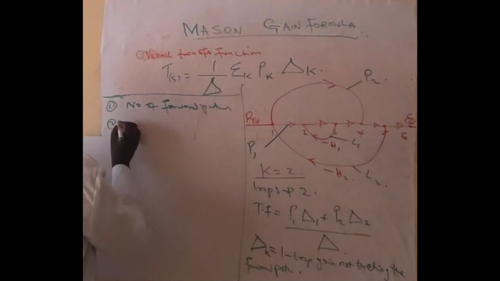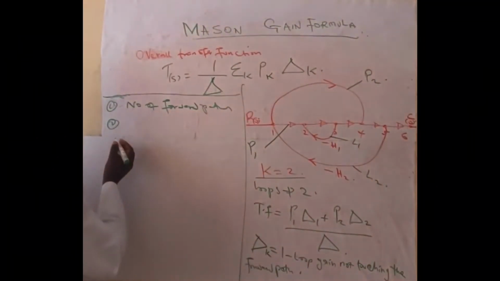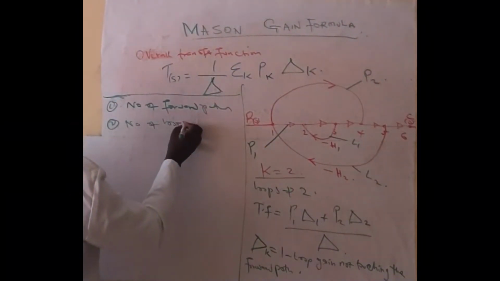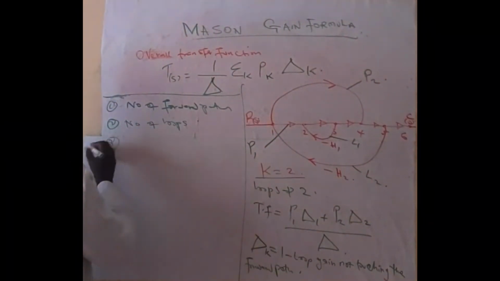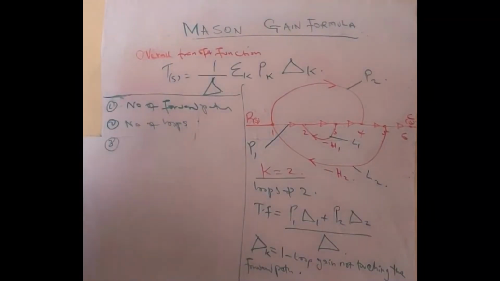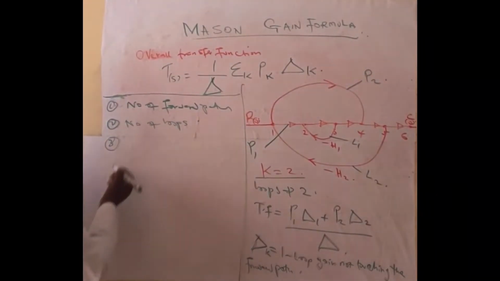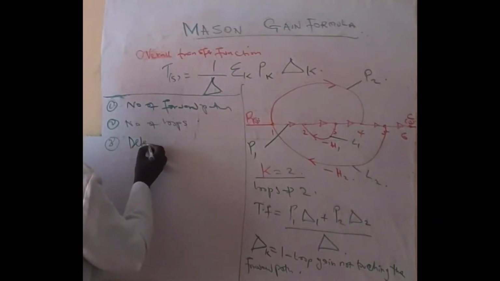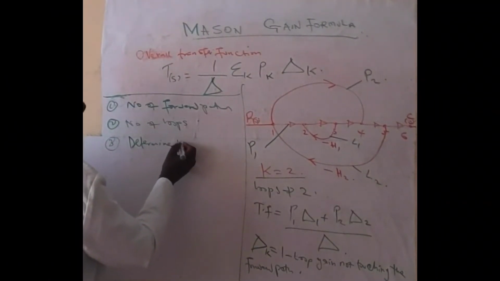Two, you are supposed also to determine the number of the loops. And then three is to determine the deltas.